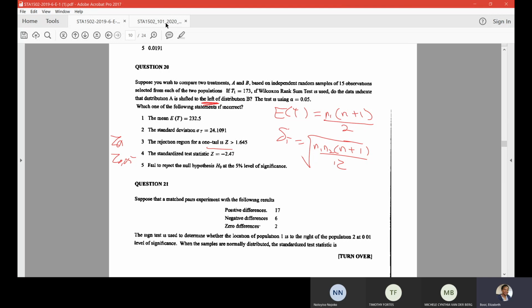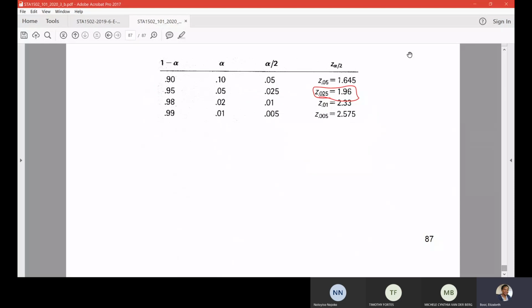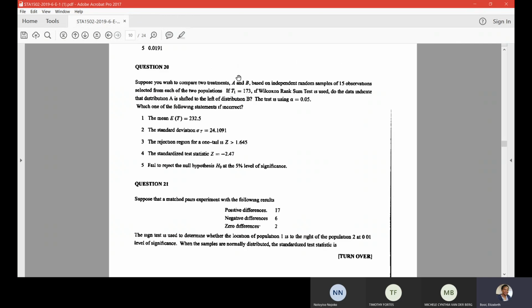You go to the table, and remember at the bottom, the critical value is 1.645. So on this one, you can just assume that was correct. The others you still need to calculate.